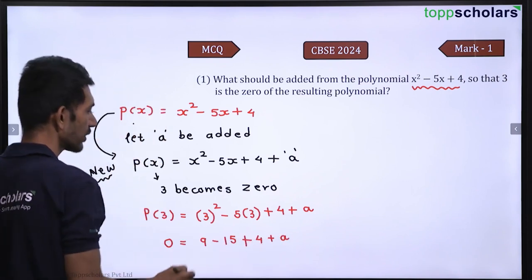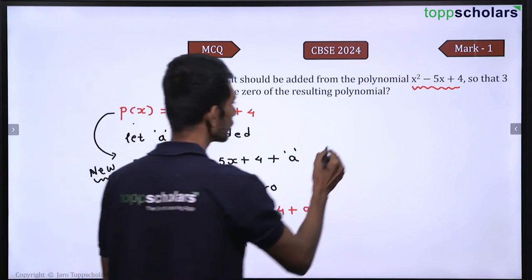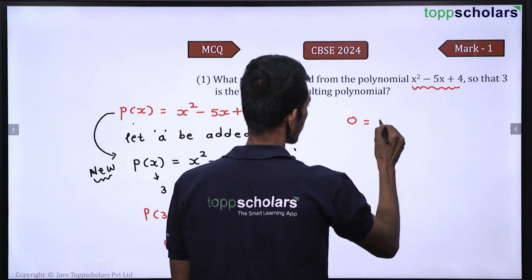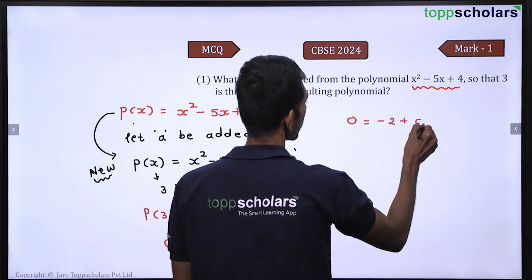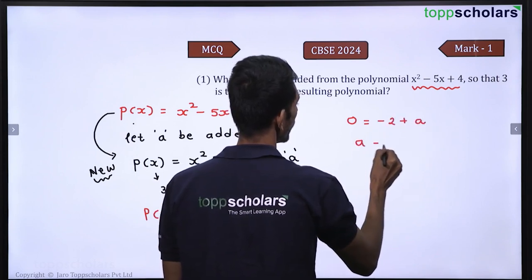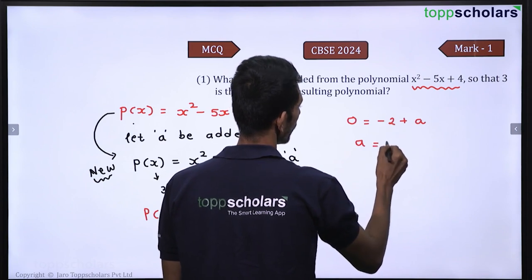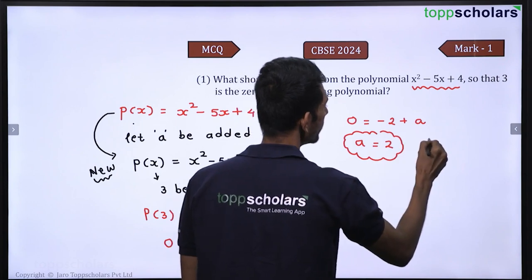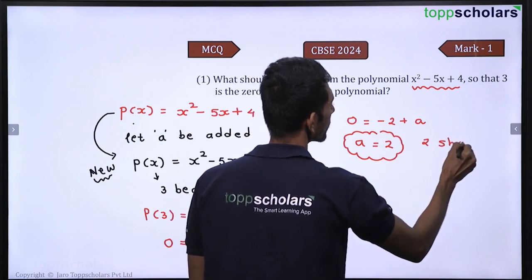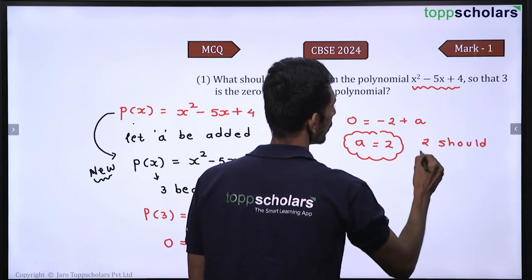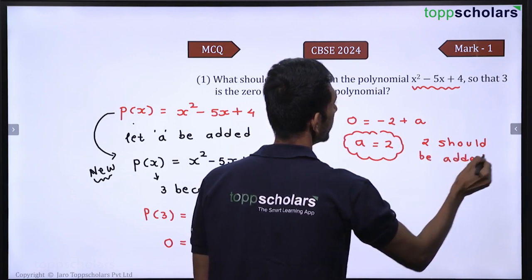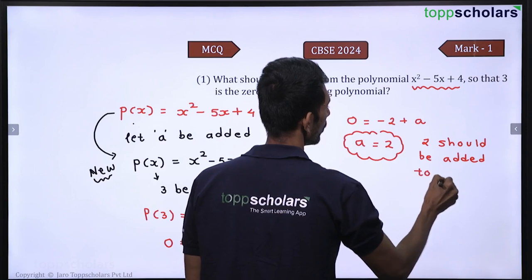So 9 plus 4 is 13. 13 minus 15 is minus 2. So 0 is equal to minus 2 plus a. So can I say a will be equal to 0 plus 2, that is 2. So what should be added? 2 should be added to p of x.